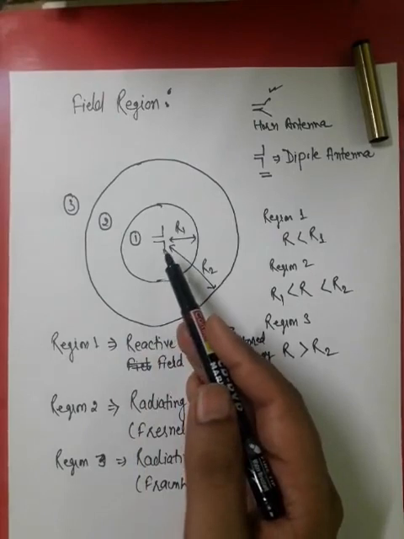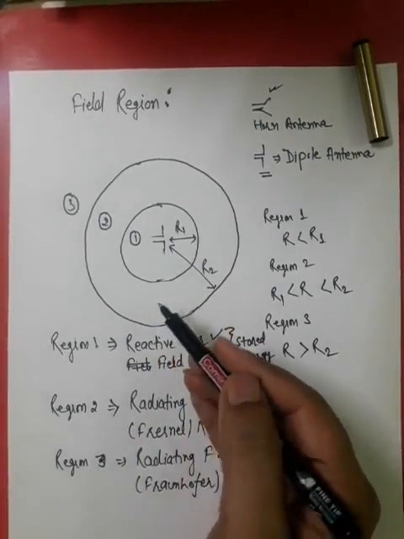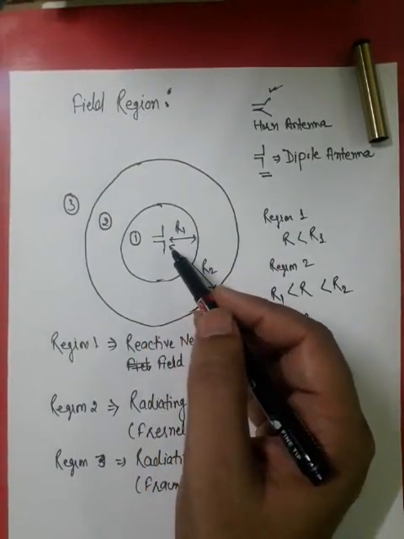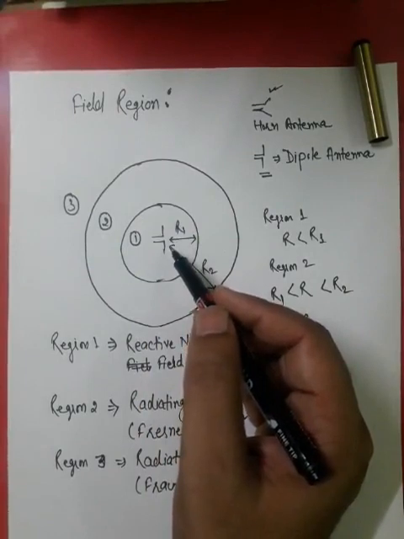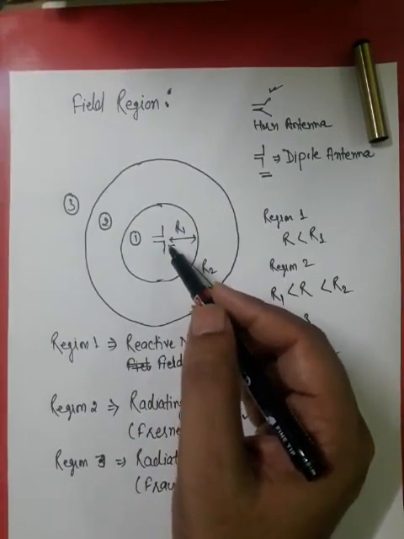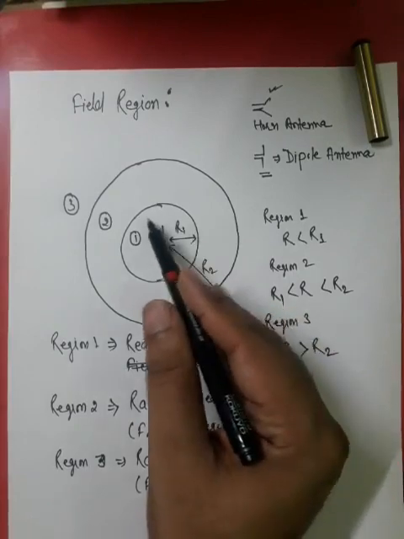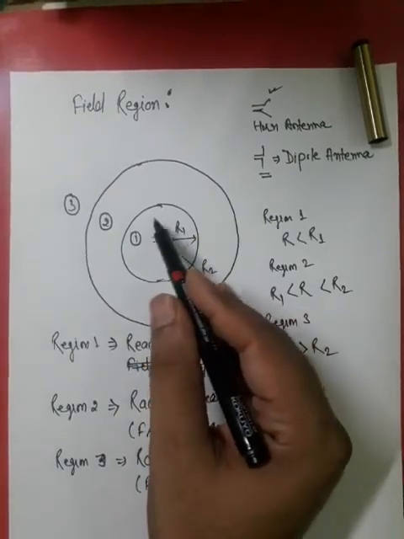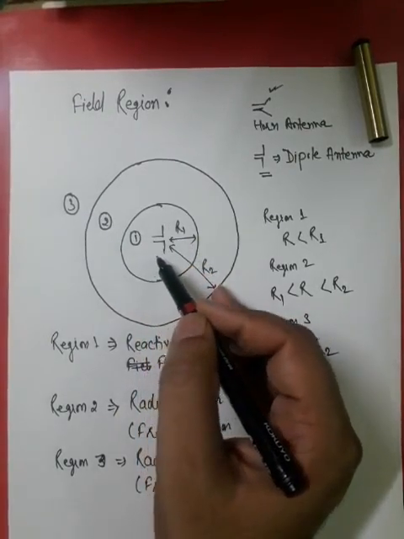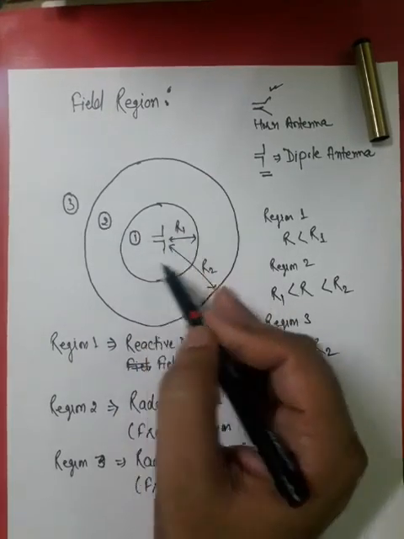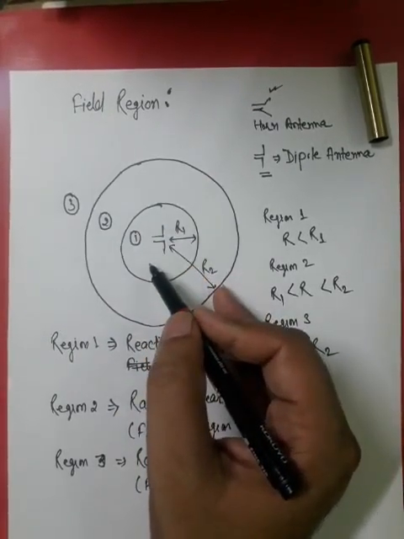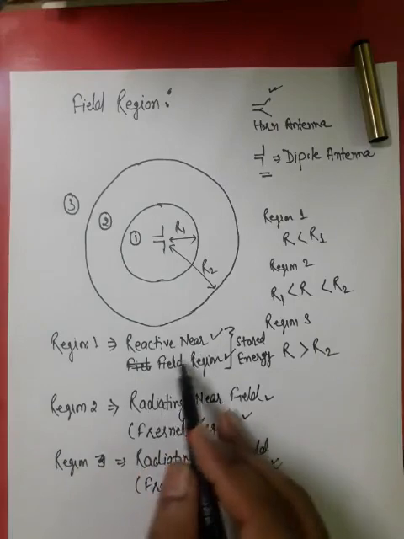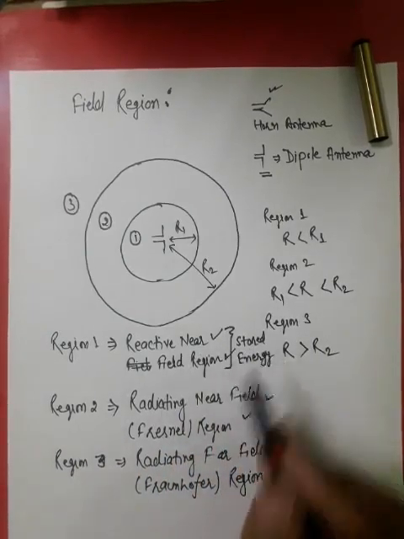So this region basically behaves like an inductance and capacitance region. When we solve our field equations for a dipole, we will see that the electric field and magnetic field values for this region are imaginary. When the field value is imaginary, it indicates stored energy. So in region 1, the reactive near field region, we have stored energy.